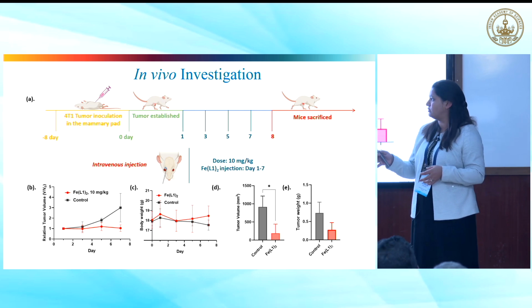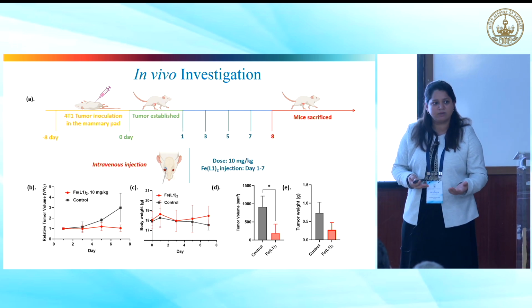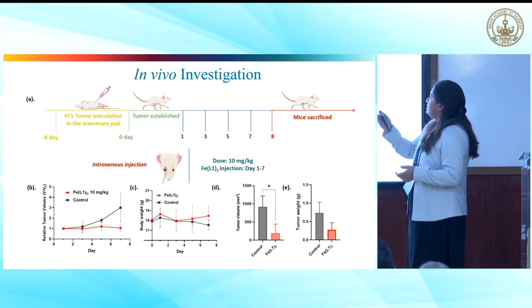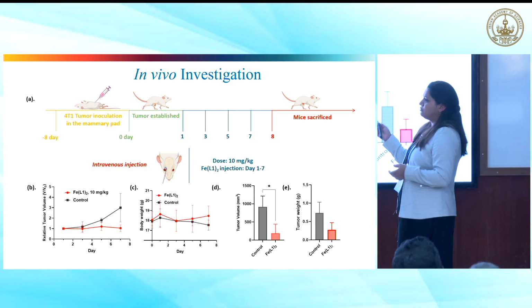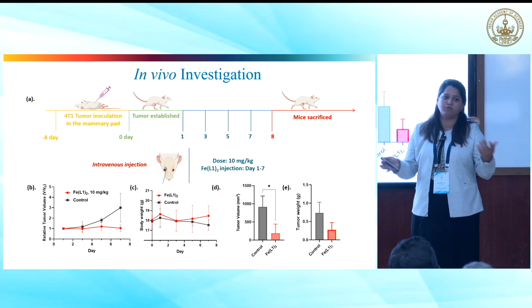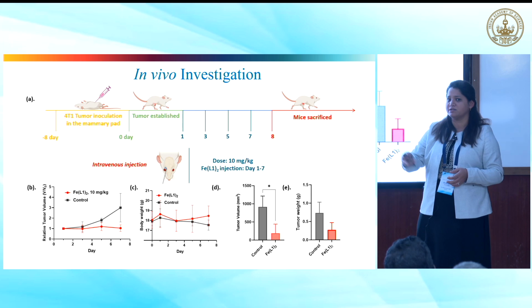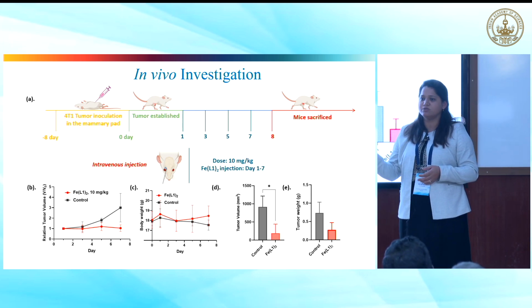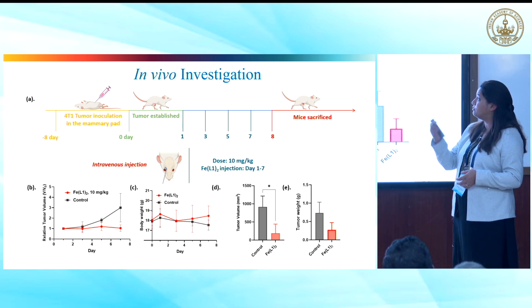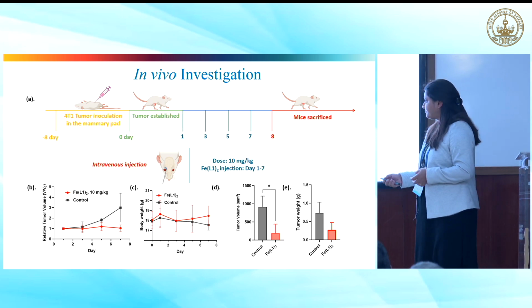Many times you do the experiment in the in vitro setup, and the moment you go from the in vitro setup to the mice models, you will see that the effects are drastically different from what you are expecting. The same happens when you go from the mice model to actual patients. You are expecting that everything is going fine, everything is working, but when you go to the patient samples, things are quite not in your favor.